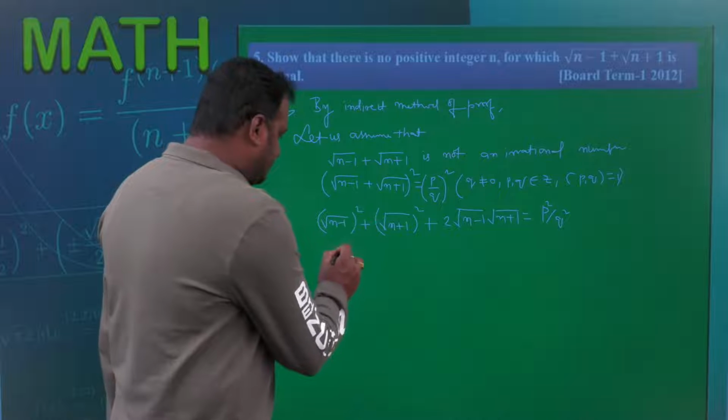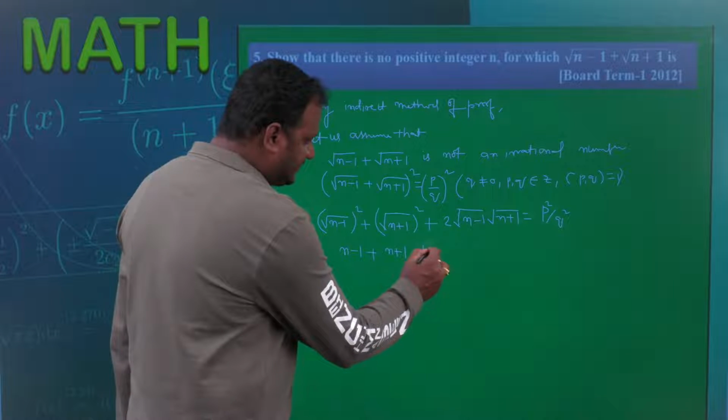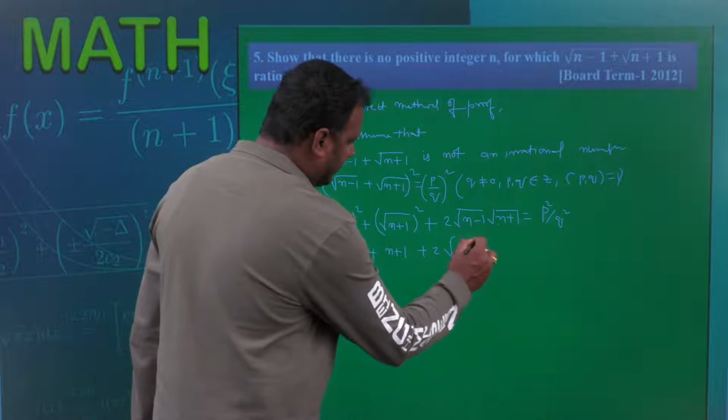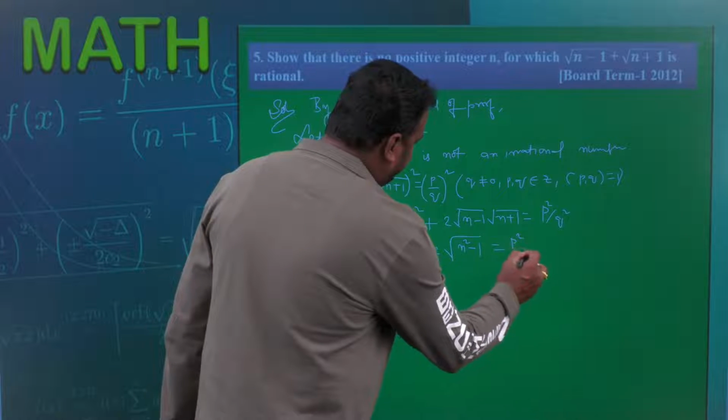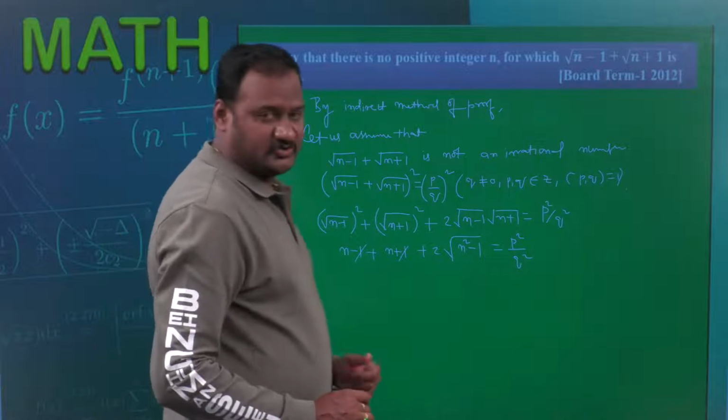Root over n minus 1 whole square is n minus 1 and this is n plus 1, and plus 2 into root over n minus 1 into n plus 1 is n square minus 1 is equal to p square by q square. Of course minus 1 and plus 1 cancel, n plus n is equal to 2n.